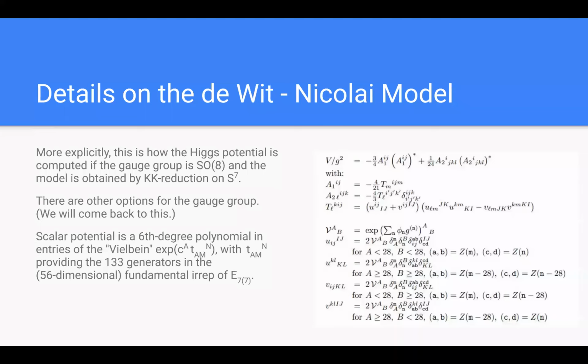Now, taking this T-tensor, we can split it into irreducible representations, which then give us the Yukawa couplings that tell us how the fermions and the Higgs fields couple. So from the A1 tensor, we can read off the gravitino masses, and A2 then gives the couplings between the gravitinos and spin-1/2 fermions.